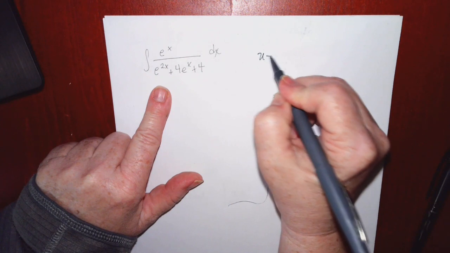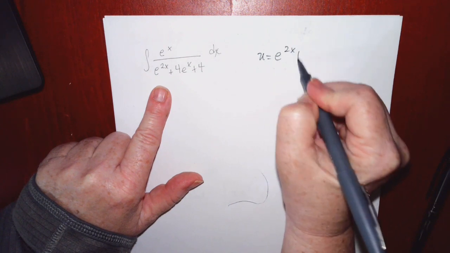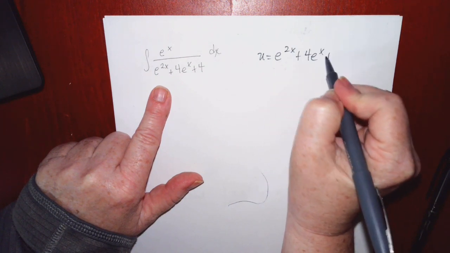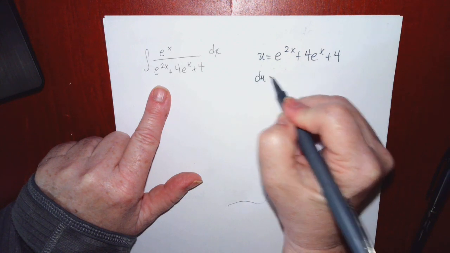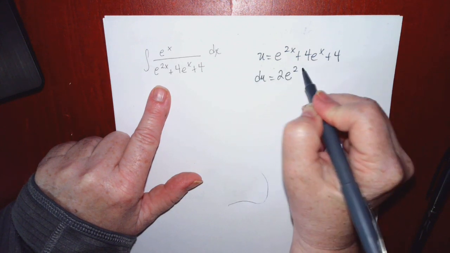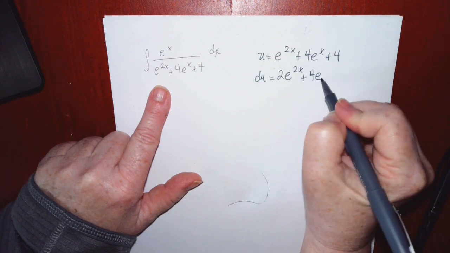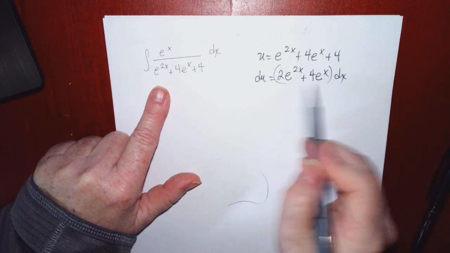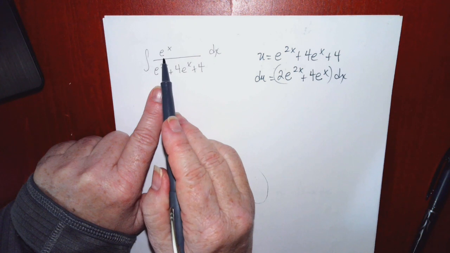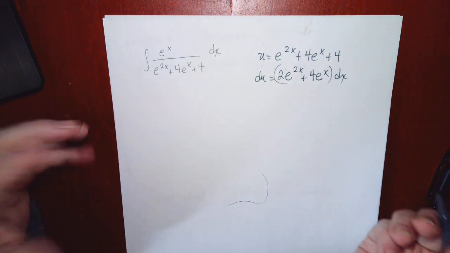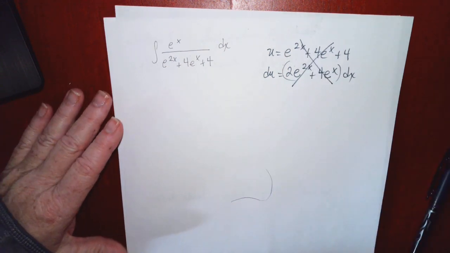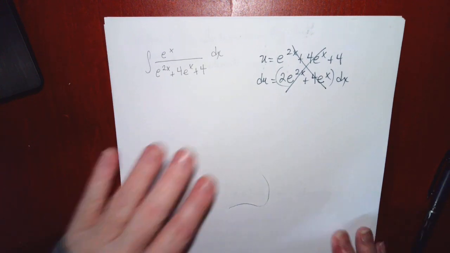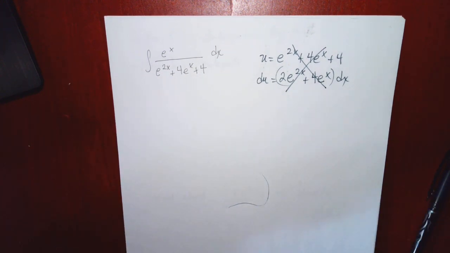If you chose u to be e to the 2x plus 4 e to the x plus 4, then du would be 2 e to the 2x plus 4 e to the x dx. And we look at that and go, well, that's just way too much stuff. I don't have near that much stuff up in the numerator, so I can't really use that. So we go back here and ask, is there any way I could rewrite this so that I could use a u substitution?